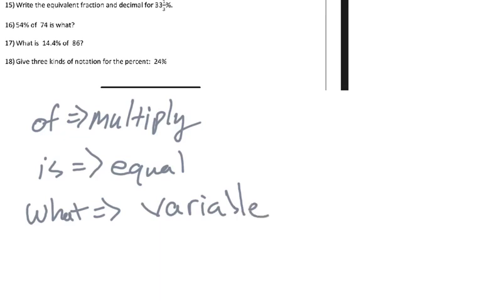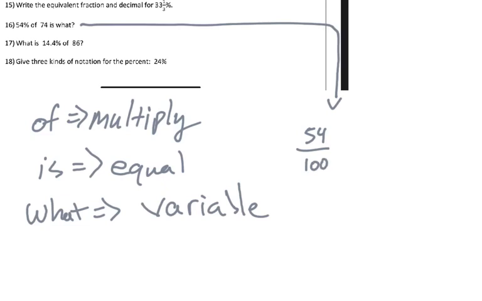The issue here is that really, we're not supposed to be stressing algebra, but you kind of need algebra in order to do this. So bear with me, it's very minor algebra. What we have here is 54%, which is, percents are out of 100, so I'm going to write 54 over 100. Of means to multiply, so times 74 means equal what?